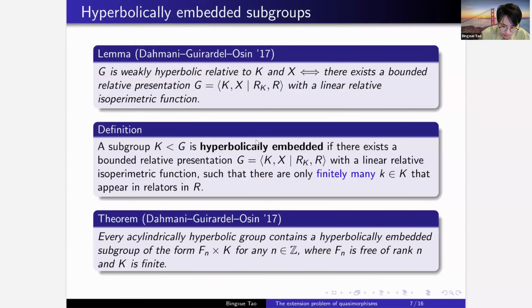And this cylindrically hyperbolic group is a very weak generalization of hyperbolic groups, which contains, like, the mapping class group, automorphism groups of free groups, and many other groups.